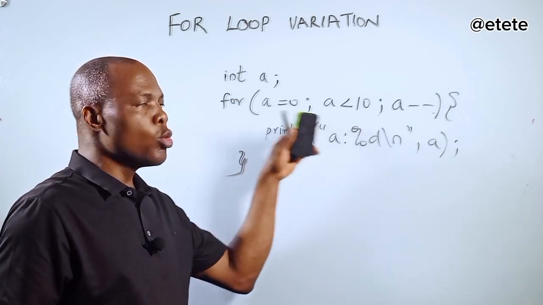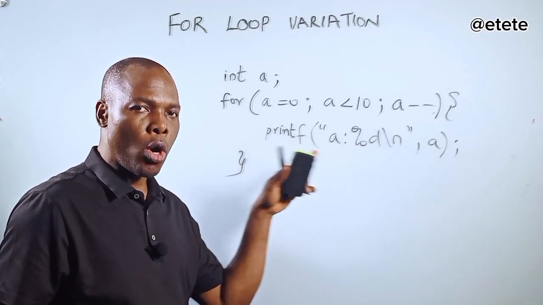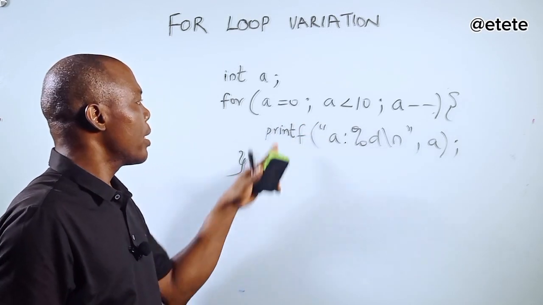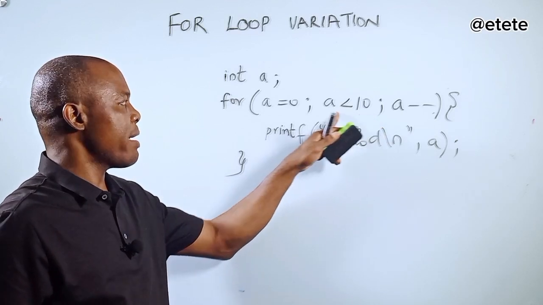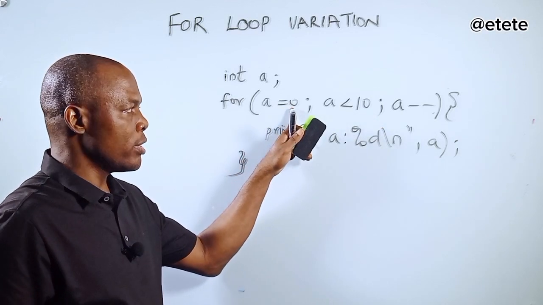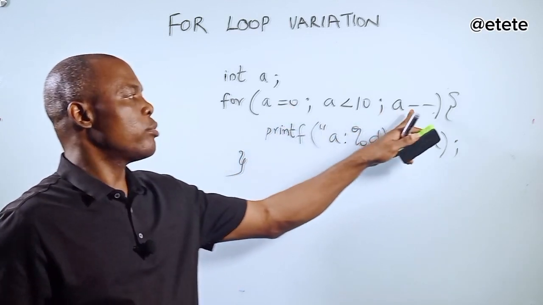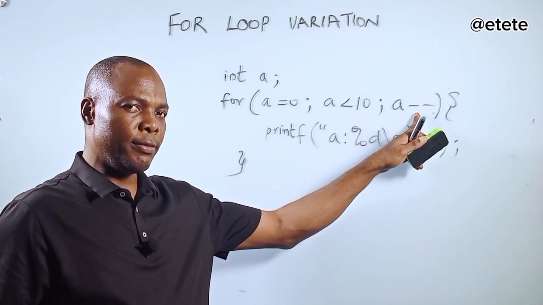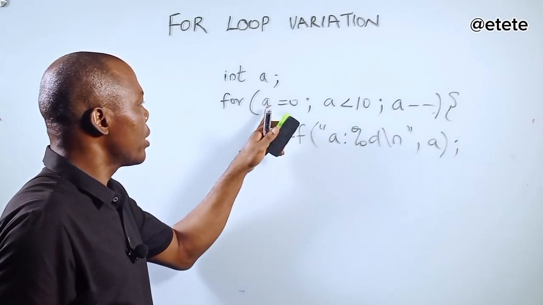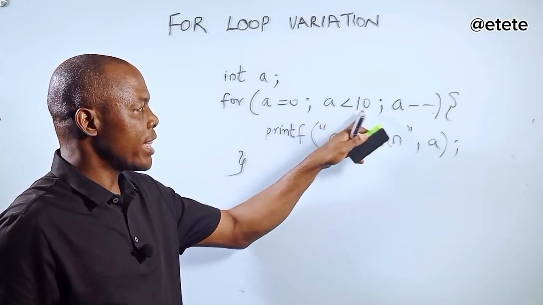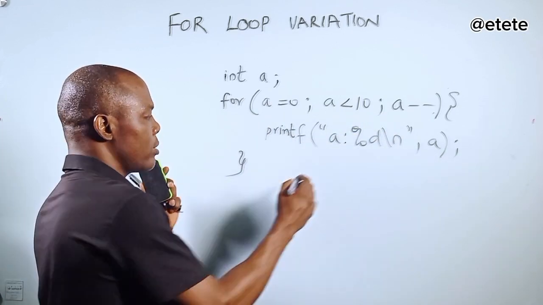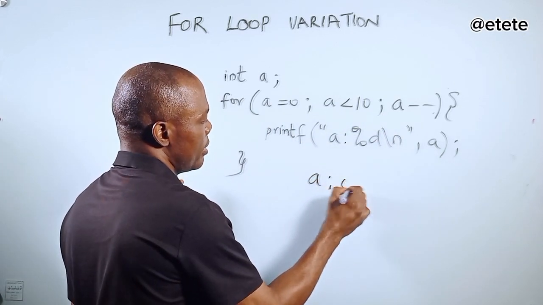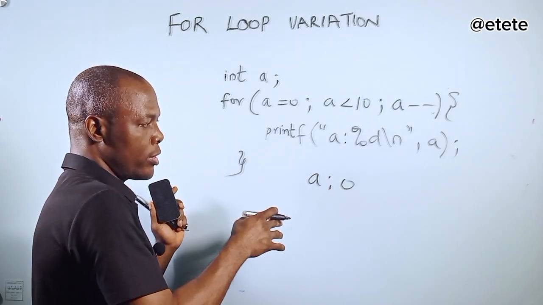Now, will this loop be an infinite loop or a non-infinite loop? Now, my goal is less than 10. This is my goal. I am starting at 0, right? But I'm doing a negative update. So a is 0. a is less than 10. That is true. It will come in and it will print out a. So it will print out a 0, right, on the screen.